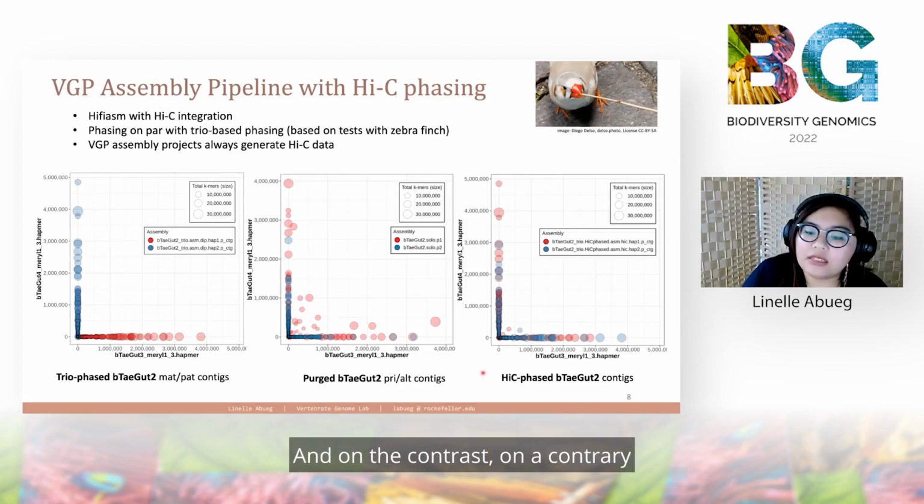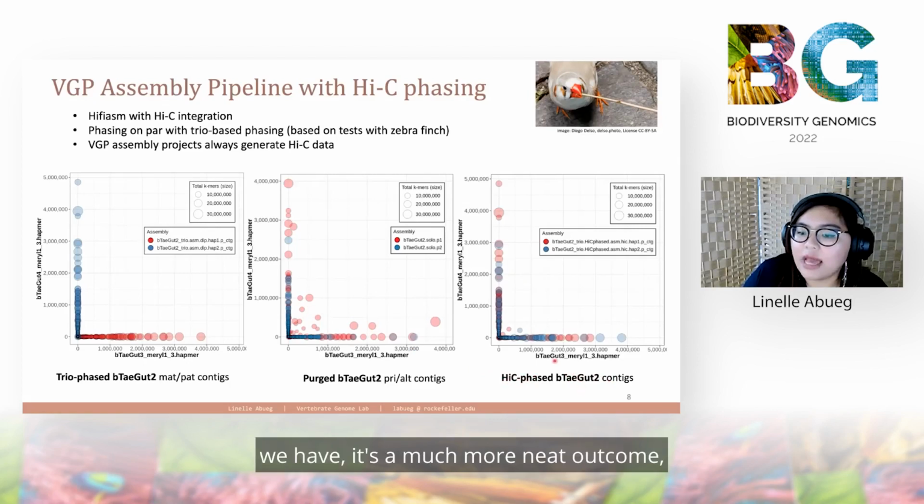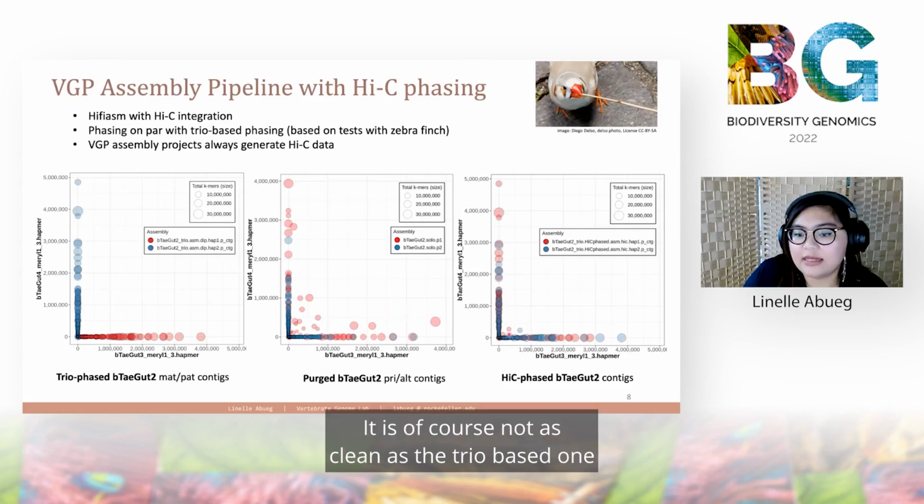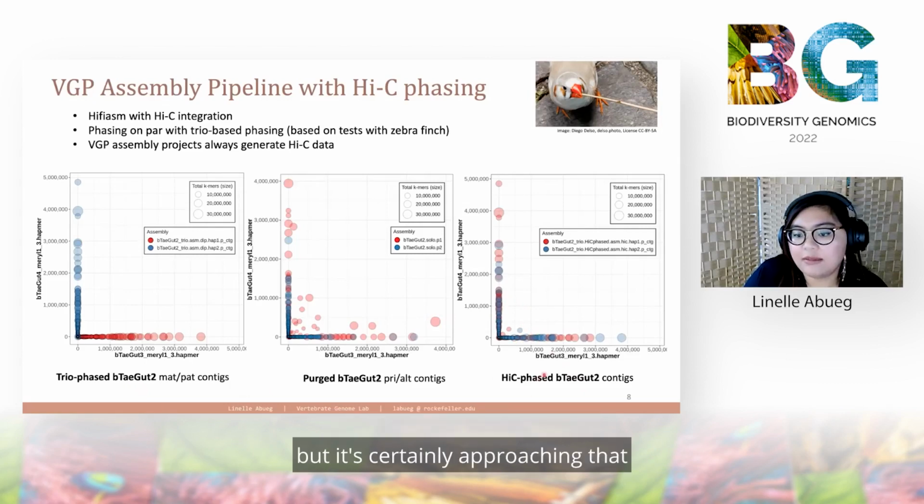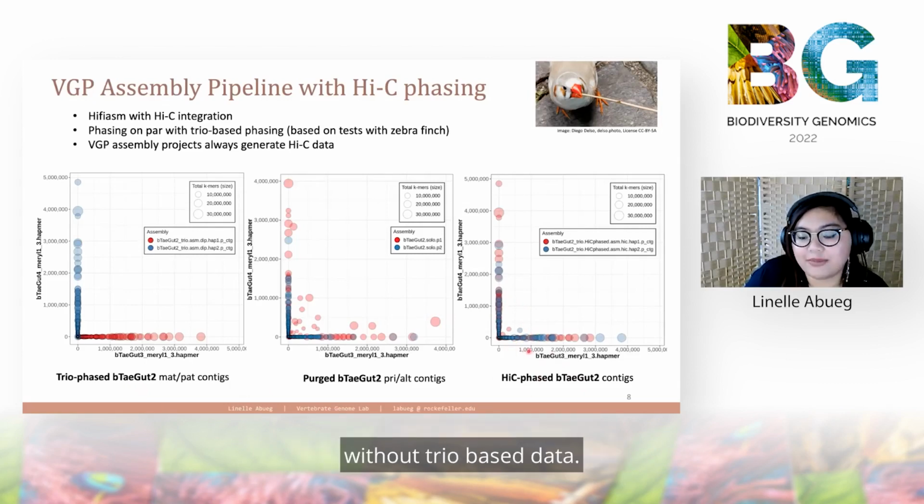And on the contrary, in the Hi-C based phasing, it's a much neater outcome compared to the primary alternate. It is, of course, not as clean as the trio-based one, but is certainly approaching that without trio-based data.